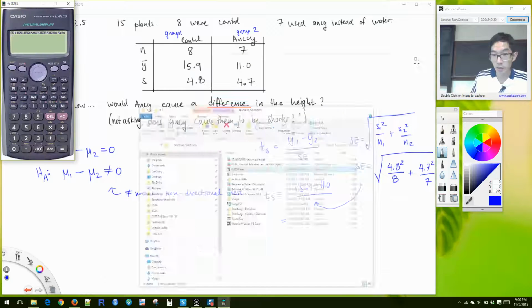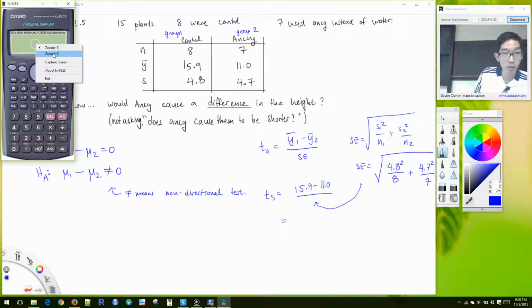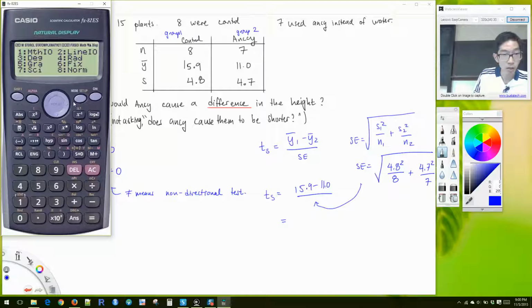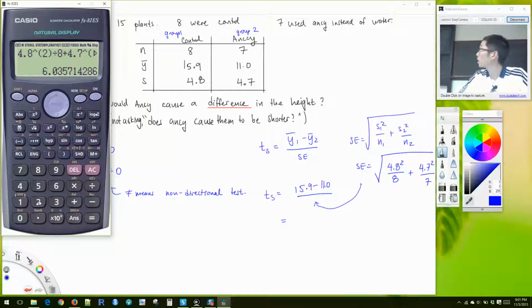Let me get this in here. 4.8 squared divided by 8 plus 4.7 squared divided by 7 gives 6.0357. I'm going to take the square root of that number.